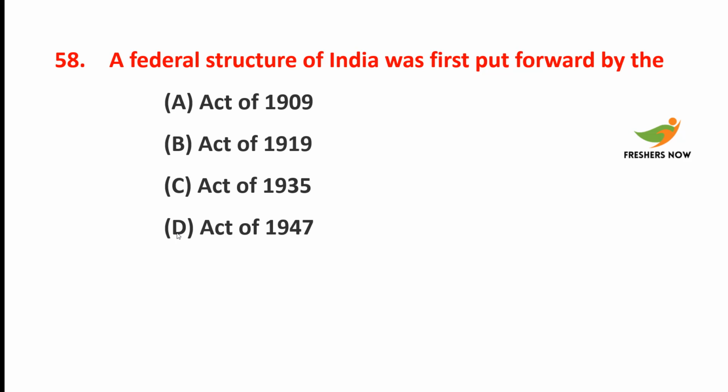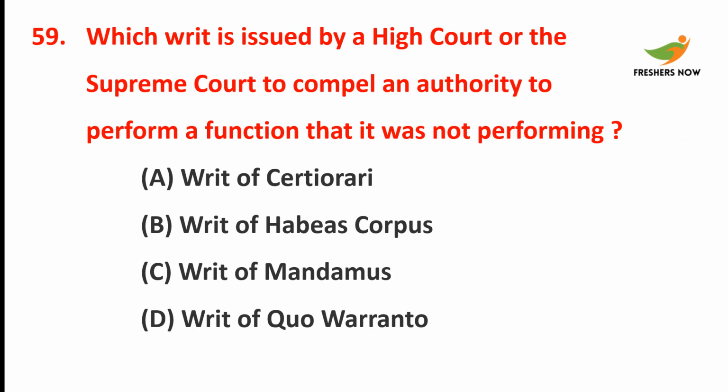58th question. A federal structure of India was first put forward by the, and the answer is B, Act of 1919. 59th question. Which writ is issued by a High Court or the Supreme Court to compel an authority to perform a function that it was not performing?